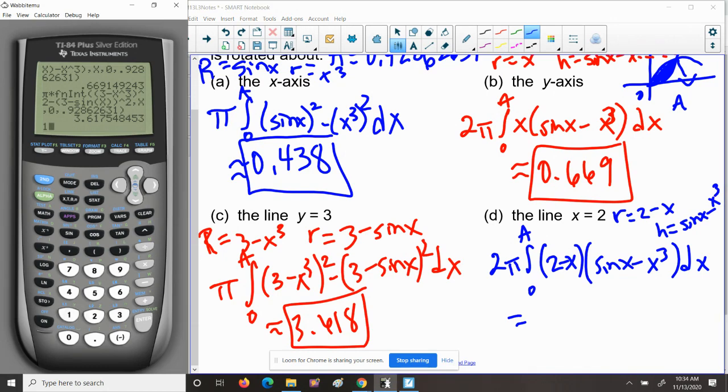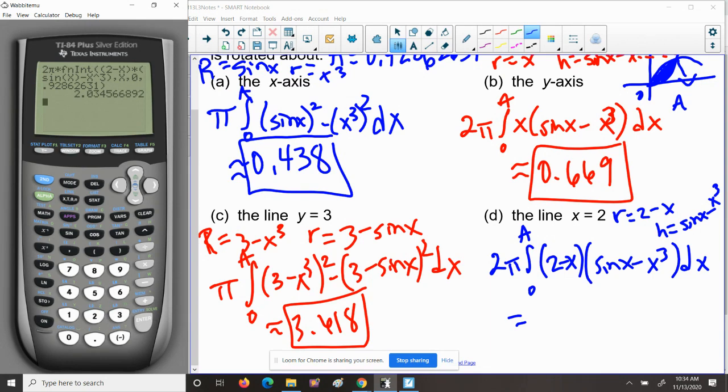So we have, whoops, not 1, 2 pi times our integral of 2 minus x times sine of x minus x cubed, comma x, comma 0, comma point, what was it, 92862631.